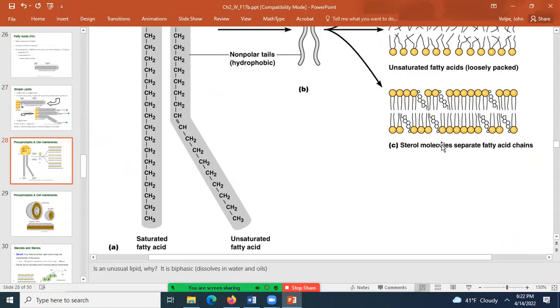And the purpose for that is that the cholesterol aids in strengthening the cell membrane. And so you can find cholesterol in the cell membrane of animal cells. You do not find cholesterol in the cell membrane of plant cells because a plant cell has a cell wall. It doesn't need to strengthen the cell membrane.